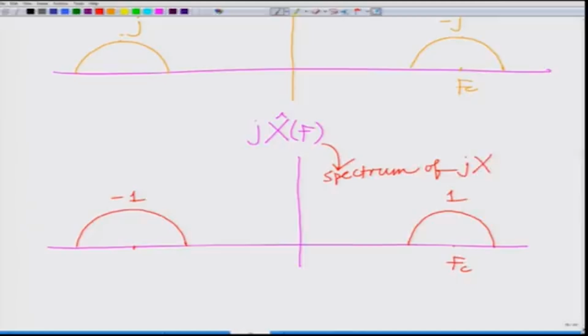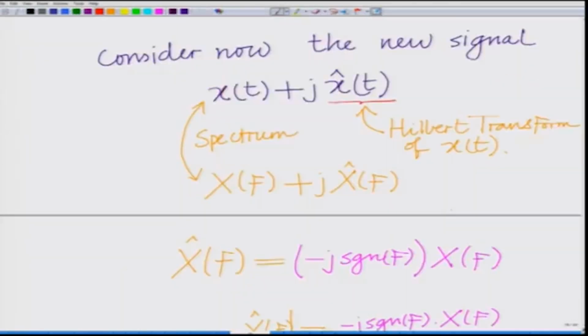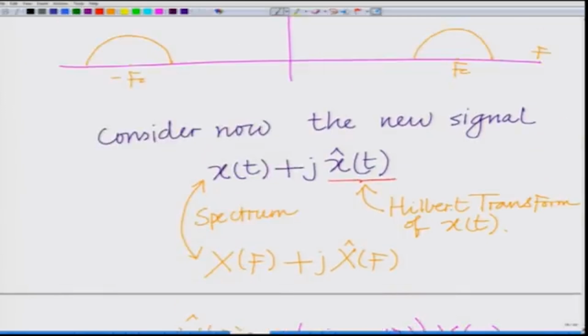So, this is the spectrum of j x hat of t, where x hat of f is the spectrum of x hat of t. Or you can say j x hat of f is the spectrum of j x hat of t. Now, the spectrum of x t plus j x hat of t.